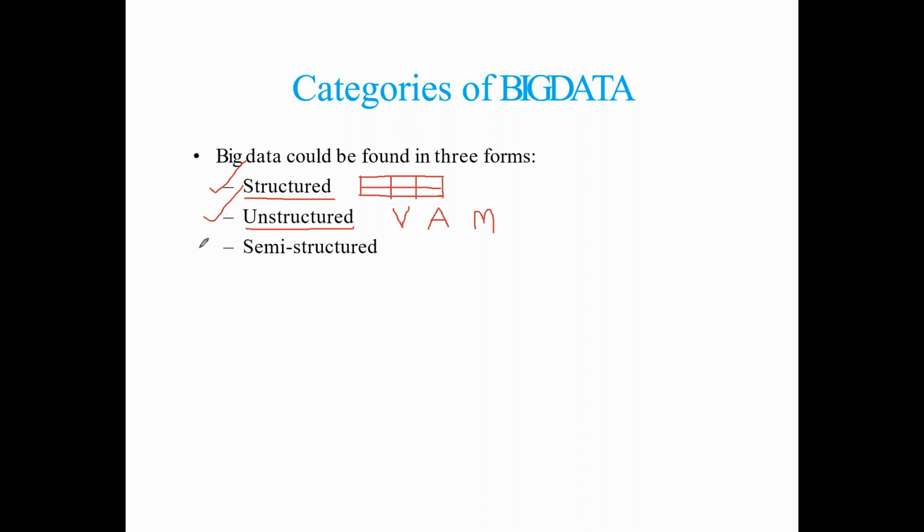And coming to the third category, semi-structured data. As the name suggests, semi-structured data falls in between structured and unstructured data. A couple of examples could be XML data, where XML stands for Extensible Markup Language, and JSON data, where JSON stands for JavaScript Object Notation.